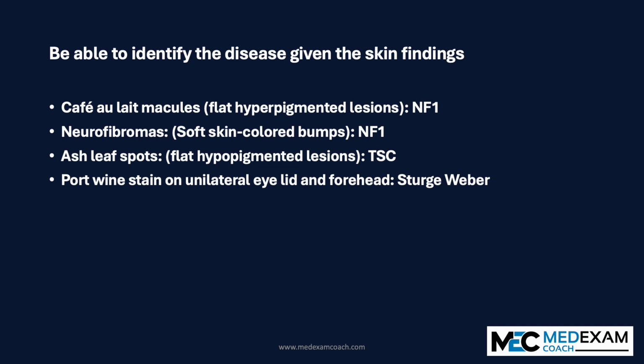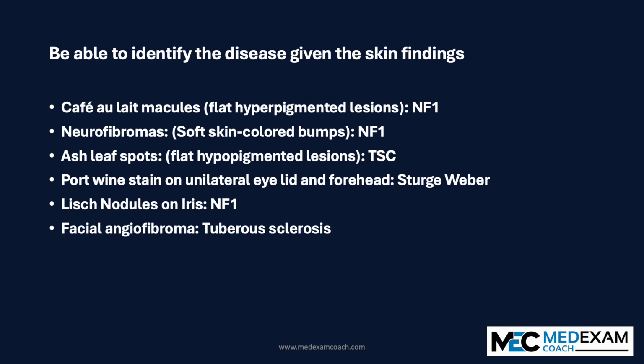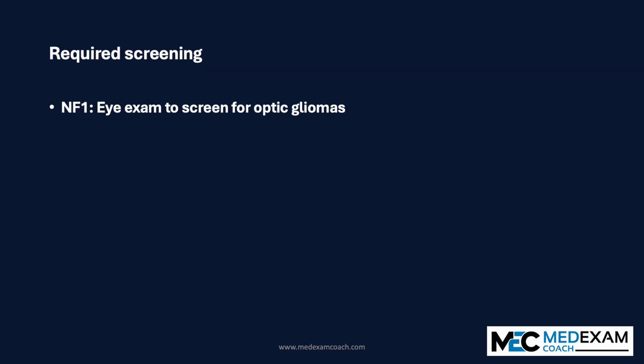Port wine stain on unilateral eyelid and forehead, Sturge Weber. Lisch nodules on the iris, or any sort of nodules, and the answer choices are the various neurocutaneous syndromes, pick NF1. Facial angiofibromas, tuberous sclerosis. Axillary freckling, NF1. And that's it.